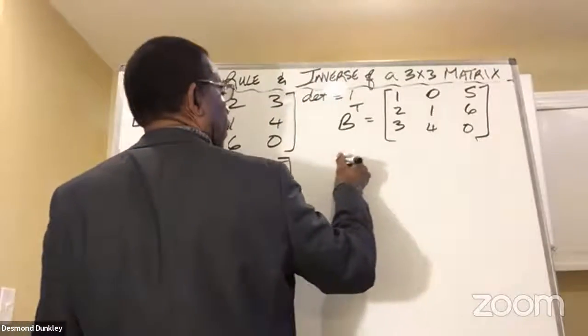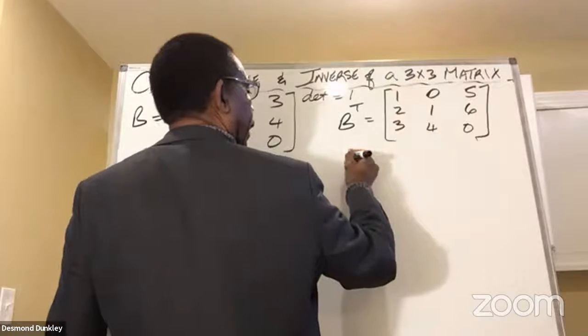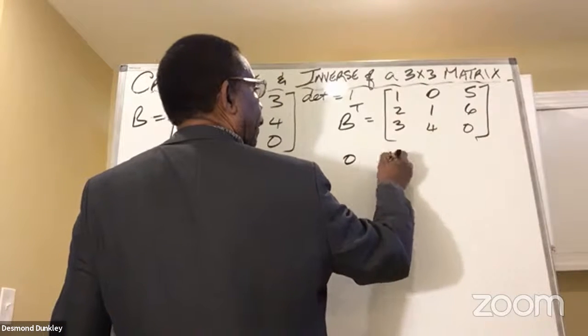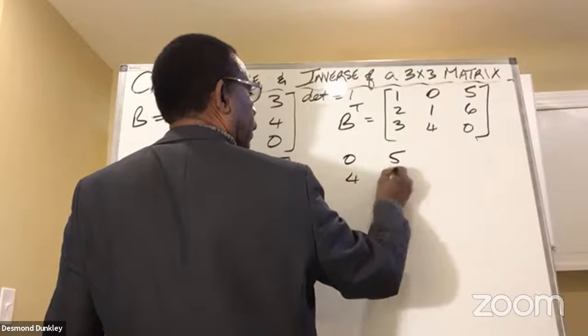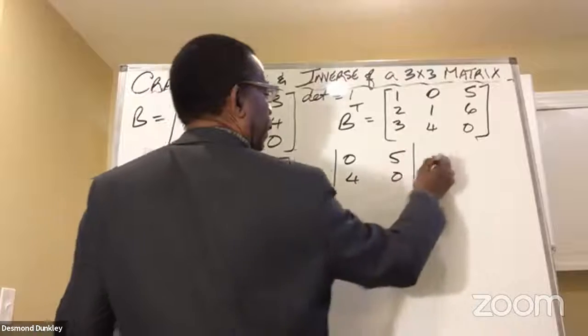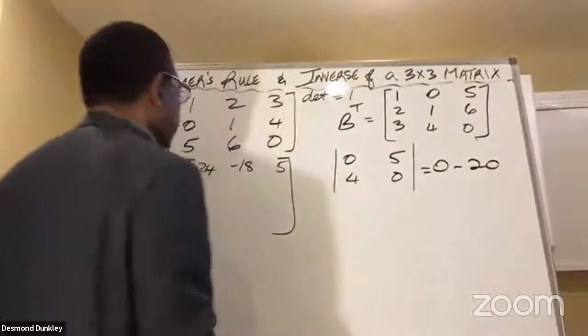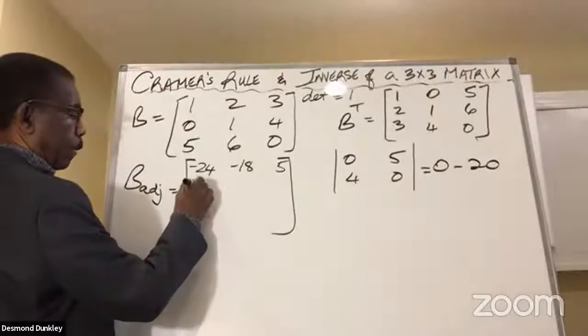Second row, start here, cross this out, cross that out, we end up with 0, 5, 4, 0. 0 times 0 is 0, minus 4 times 5 is 20. We end up with negative 20 right here.